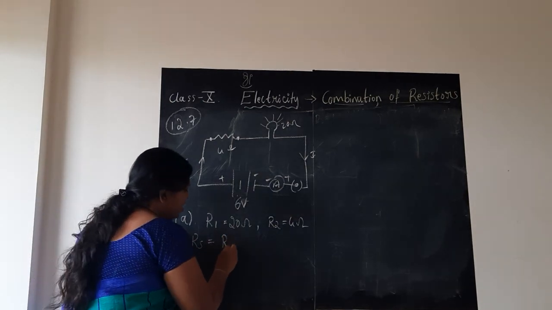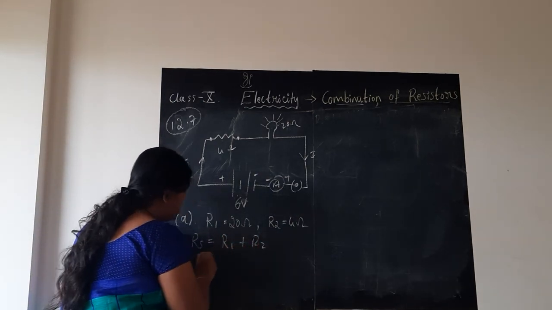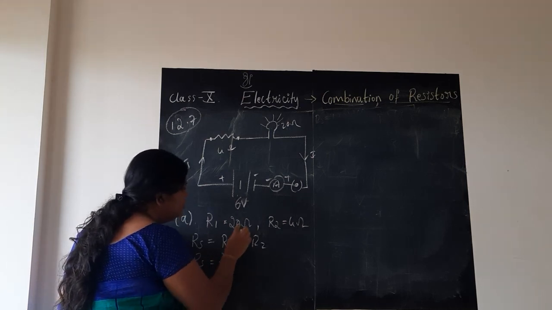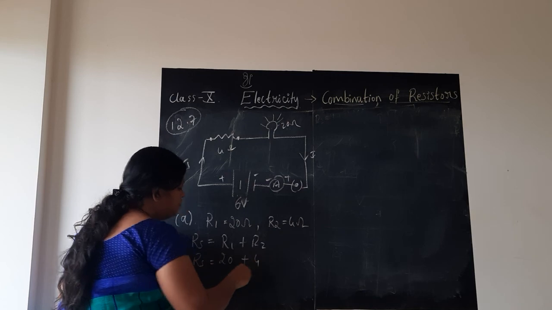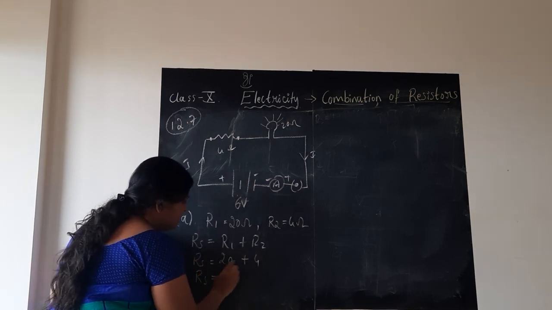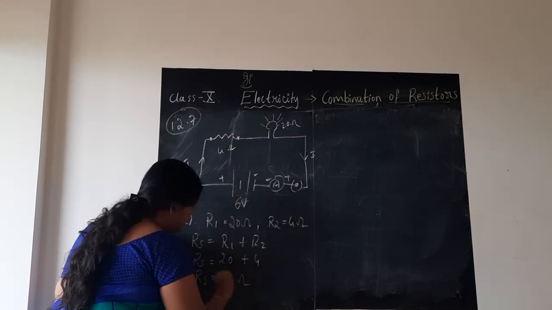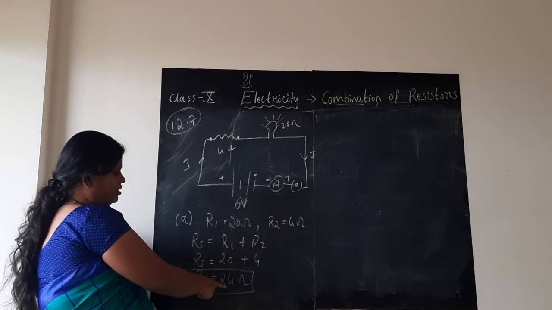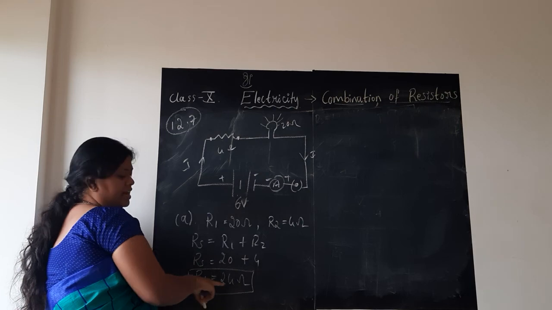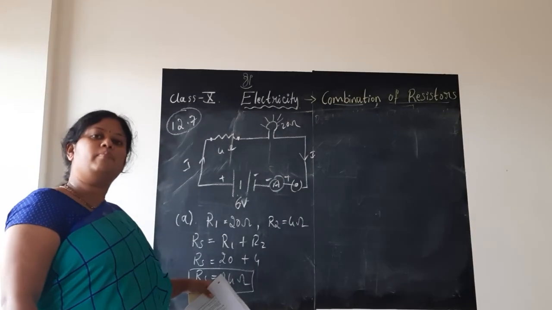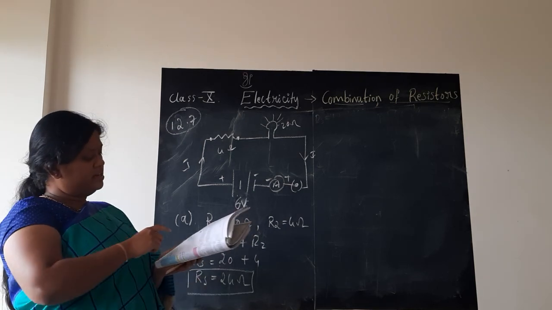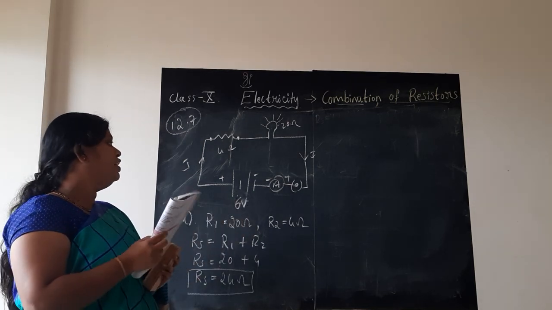RS is R1 plus R2. So total resistance RS, R1 is 20 ohm, R2 is 4 ohm. So total resistance is 20 plus 4, 24 ohms. While substituting everywhere, you need not mention the unit, children. In the given data you mention it, and in the final answer you put it in a box and write the unit. So we have found the total resistance, that is 24 ohm.